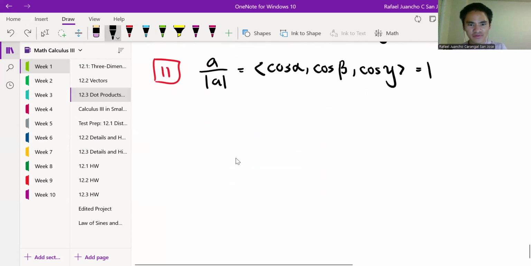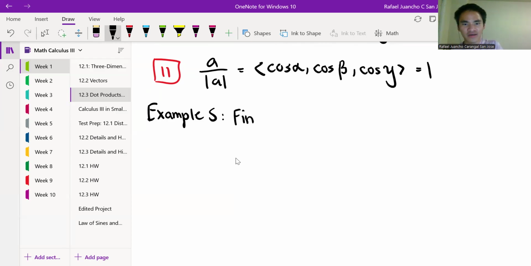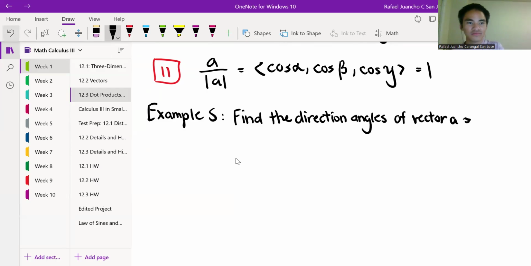Okay, now we move on to another example here. And here the example is, we want to find the direction angles of a given vector, so you have vector A. And we have components 1, 2, 3.